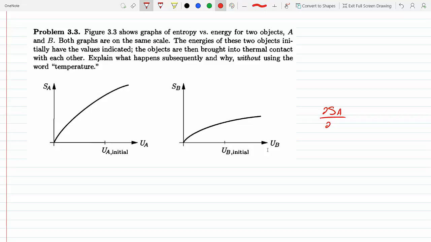Okay, so we know that we will reach thermal equilibrium when the slope is that of a tangent line.